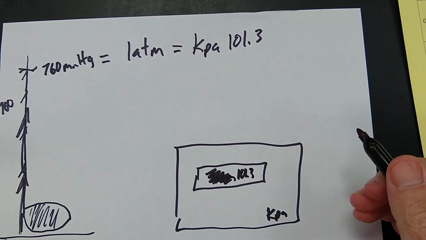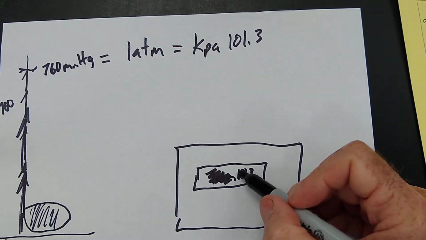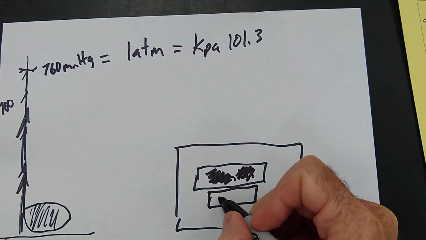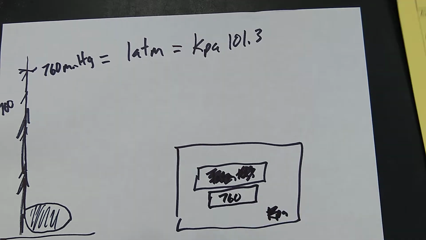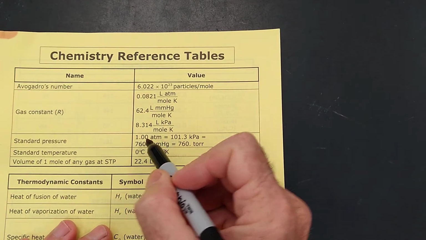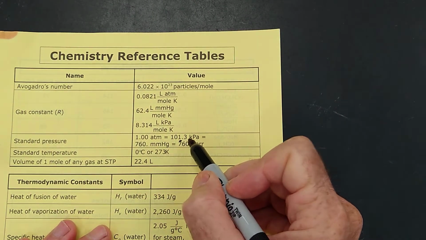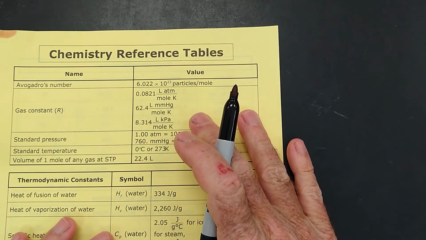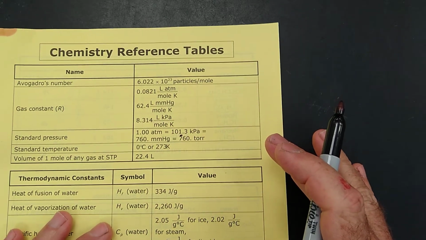See, it's the same thing, just in new units. And if I hit the button again to see what the units were in millimeters of mercury, it'd just say 760. So all of these three things mean the same amount of pressure. An atmosphere, 101.3 kilopascals, or 760 millimeters of mercury. It's just 3 different ways of measuring the same thing.